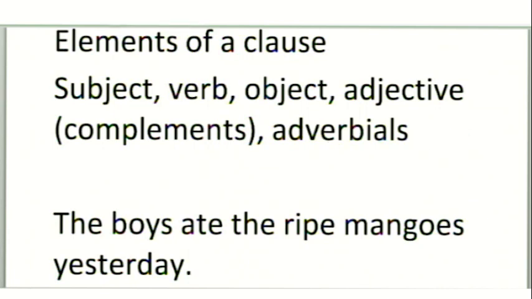So, what is our subject in this clause? We have the boys as our subject. I'll label it S. We have ate, which is our verb. Okay. Ripe mangoes, the whole thing is a noun phrase, but we have an adjective here, which is ripe. I'll cut it short, adjective.